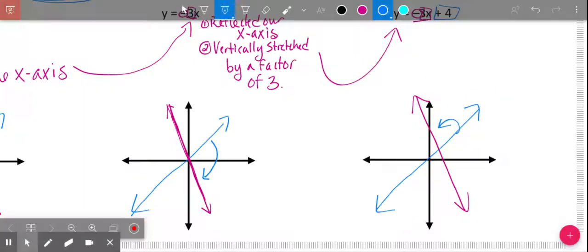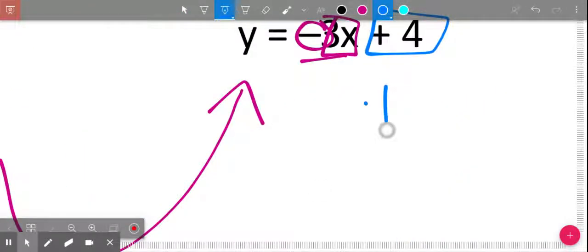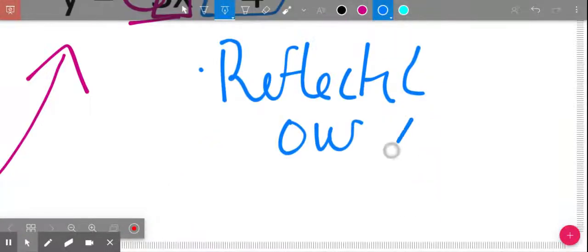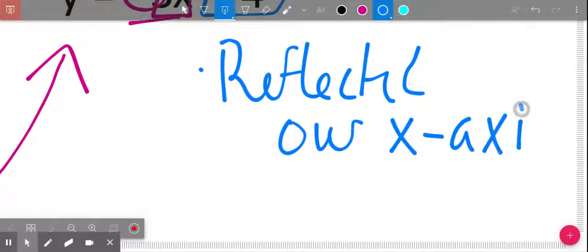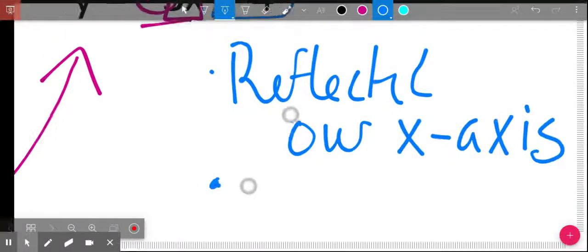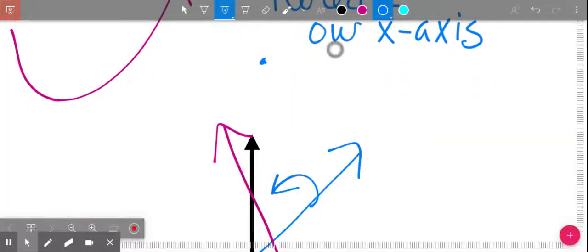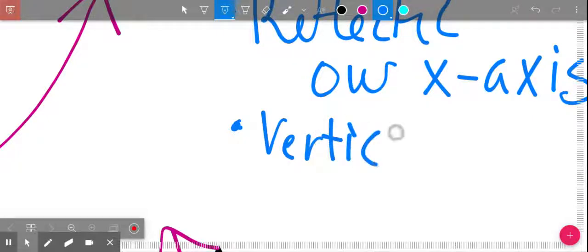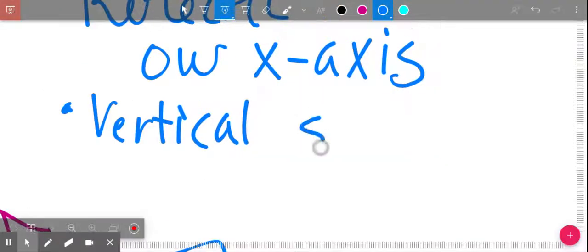Well, it's going down, so we know it's been reflected over the x-axis. We know the number up front is a 3. And if we look at the graph, it's steeper. So we're going to say vertically stretched by a factor of 3.